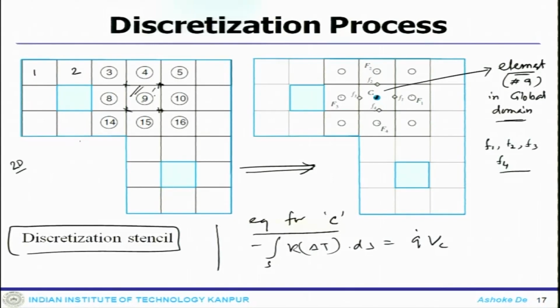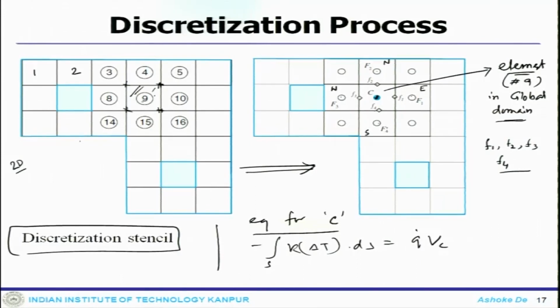Now, this is element 9, so I mark it as C, and upstream of that there is F1, north of that F2, downstream of it F3, or you can say the west side of it. So, this is how we are following the convention: east, north, west, south, and this is F4.